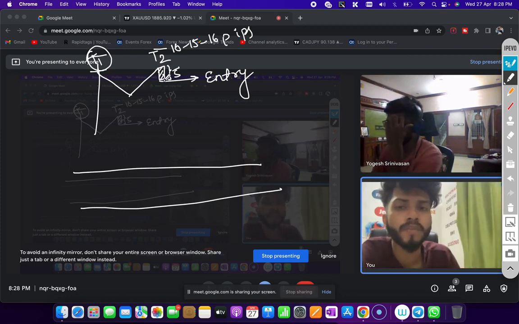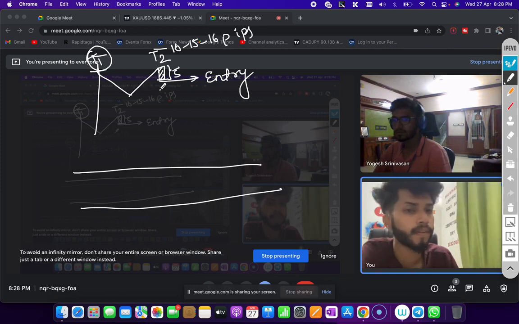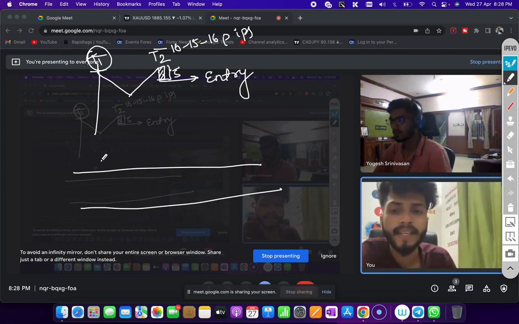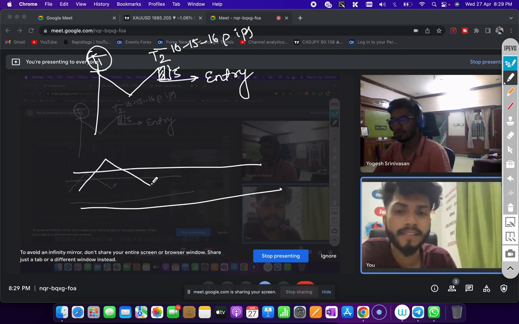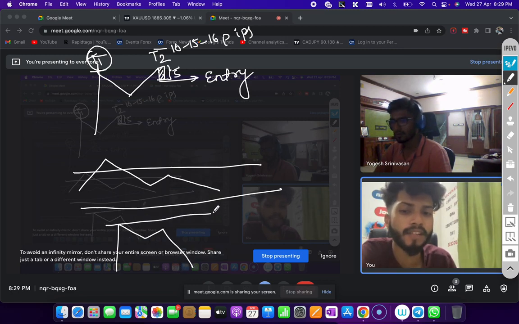Now what you will do, you will initiate an entry at this particular point, once you have confirmed this. If RSI is forming like this, price was definitely supposed to be like this, but price is not.